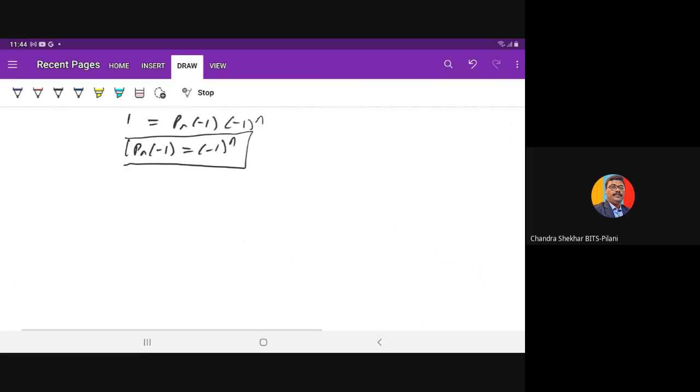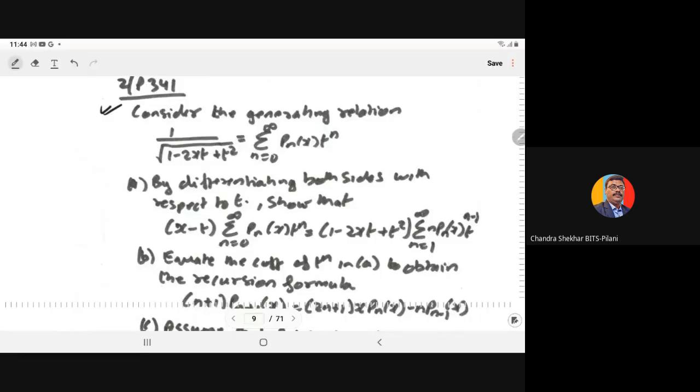What is given? Here we have (1 minus 2xt plus t square) to the power minus half is equal to the summation P n of x t to the power n. Now they have said that by differentiating both sides with respect to t, you have to show this.